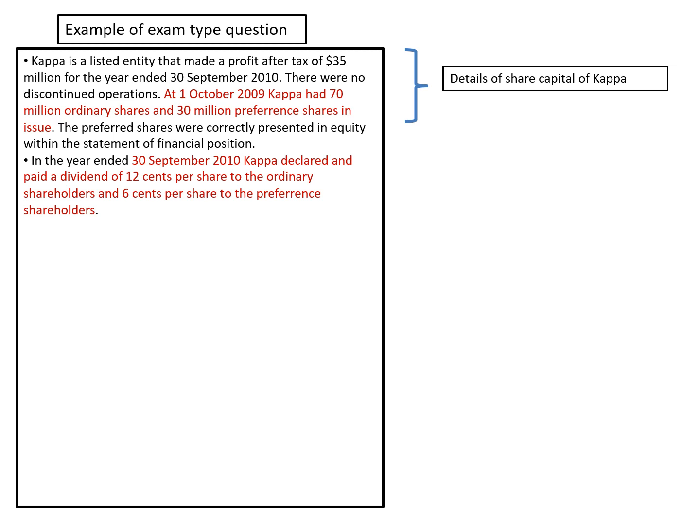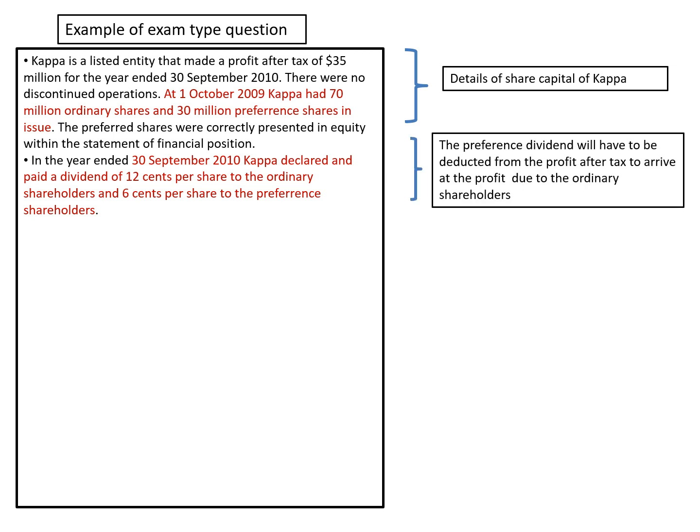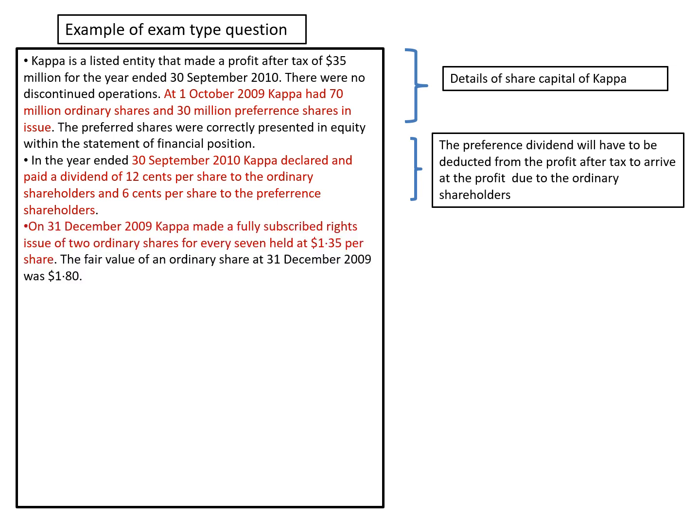In the year ended 30th of September 2010, Kappa declared and paid a dividend of 12 cents per share to the ordinary shareholders and 6 cents per share to the preference share capital. The preference dividend will have to be deducted from the profit after tax to arrive at the profit due to the ordinary shareholders.